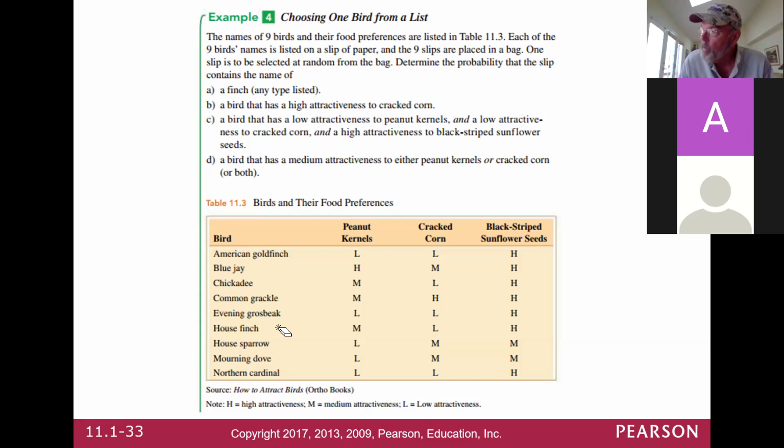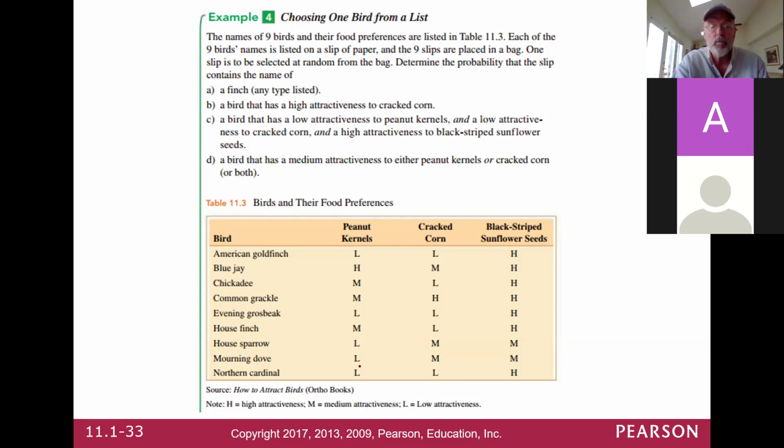What we're going to do is do it for each one of the categories. So we start with peanut, right? And how many of those are in there? 1, 2, 3, 4, 5, right? Then we take those 5 and apply that to the next thing, which would be, I'm sorry, cracked corn.